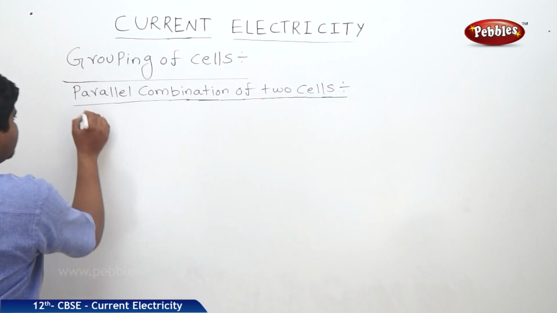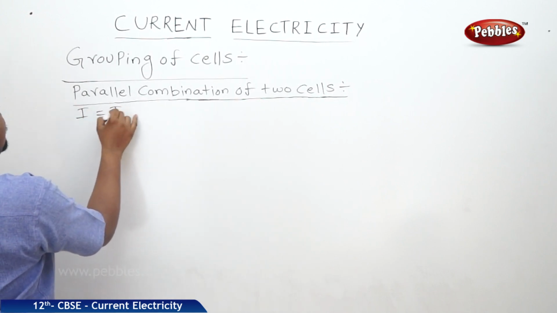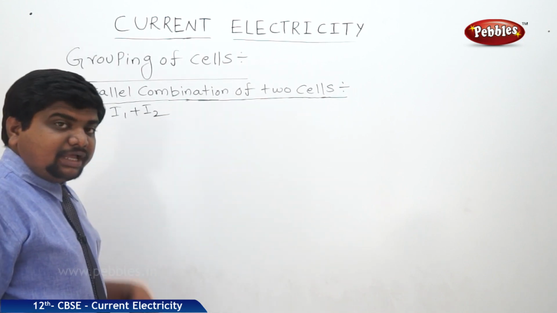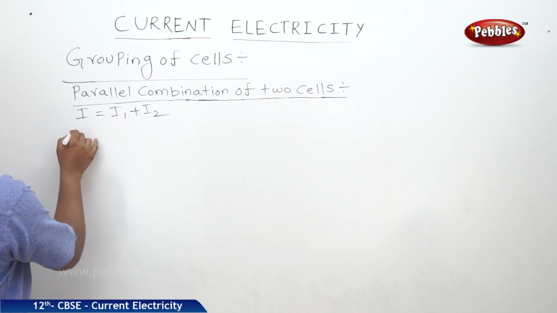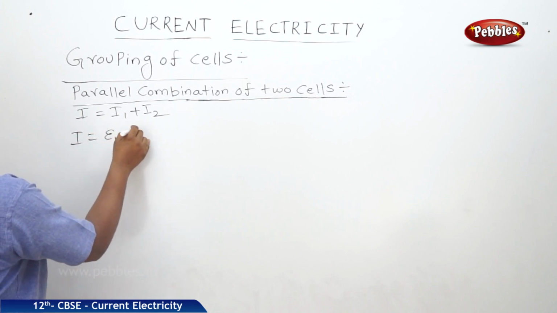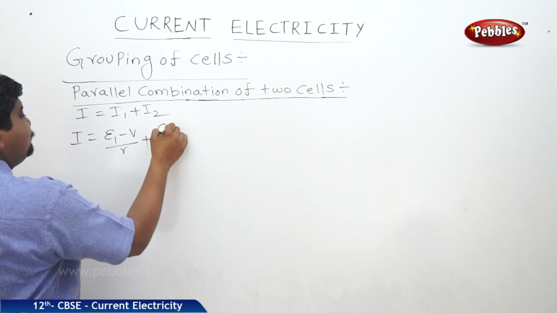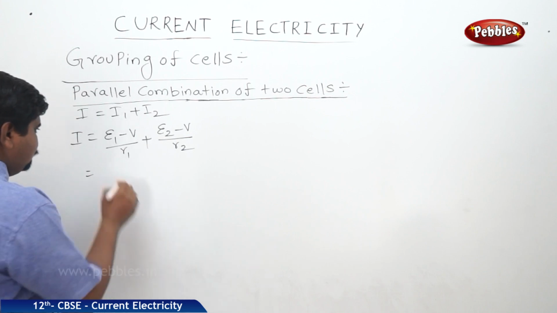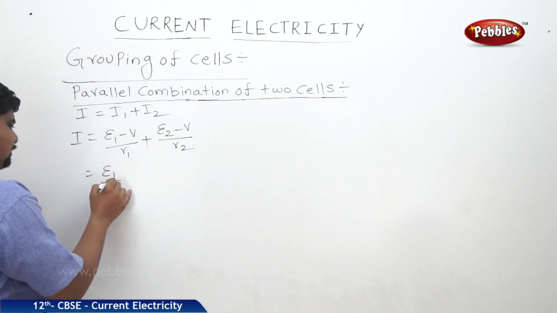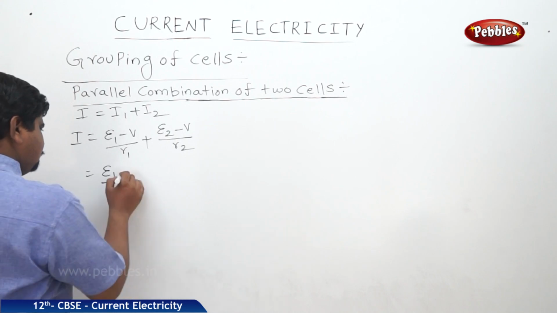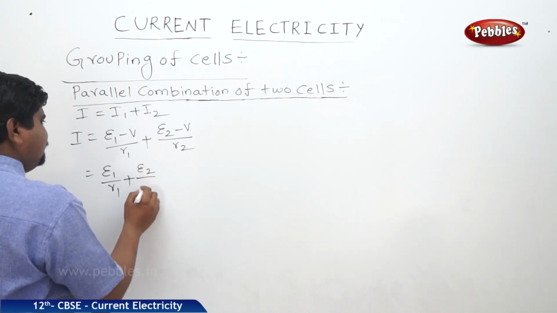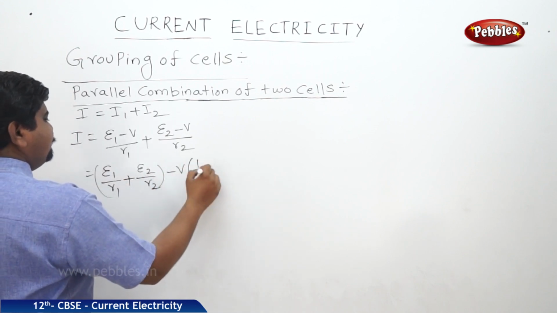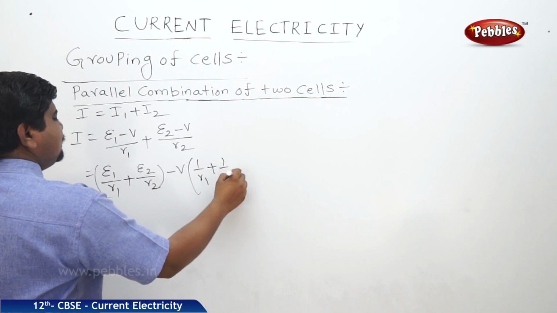We know that I is equal to I1 plus I2. Now I am substituting these I1 and I2 values in the equation. Therefore, I is equal to, what is I1? E1 minus V by R1. What is I2? E2 minus V by R2. Now we can write E1 by R1 plus E2 by R2 minus V into 1 by R1 plus 1 by R2.